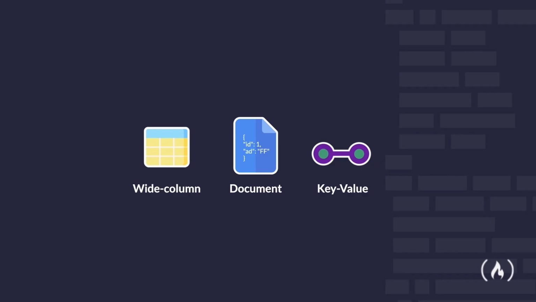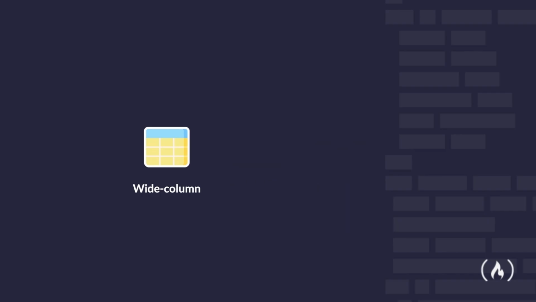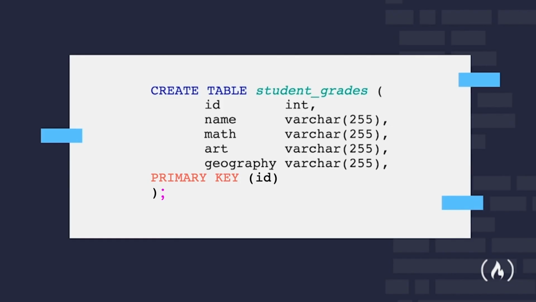The first one we're going to look at is the wide column database type. Now, as AstraDB is built on Apache Cassandra, we're actually going to be using CQL, or the Cassandra Query Language, to demonstrate some of the different approaches to NoSQL. The CQL query language is a subset of SQL, so the basic commands we're using in this video are exactly the same.